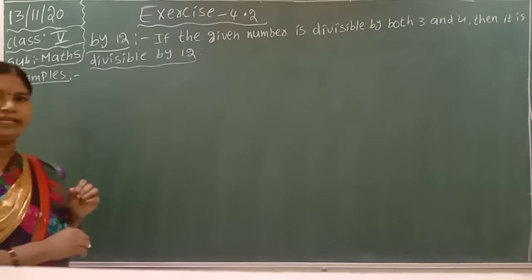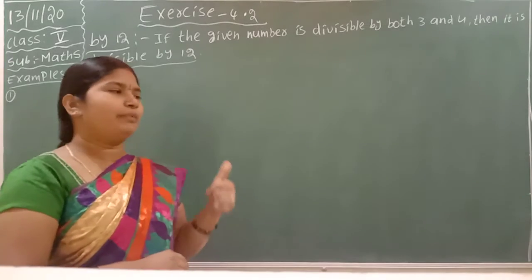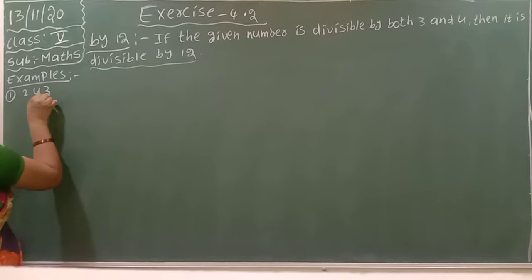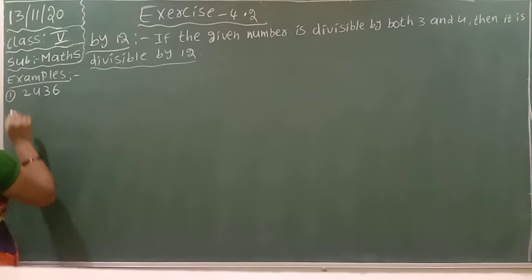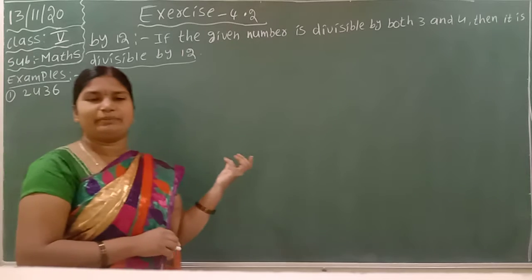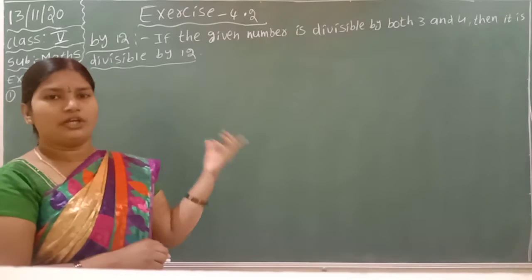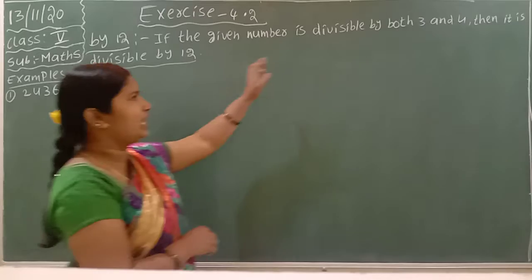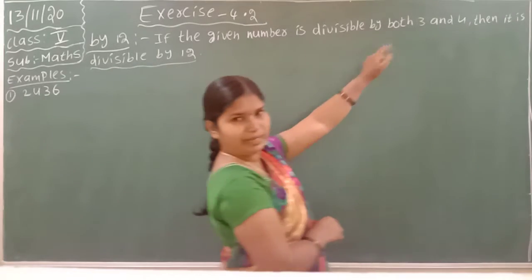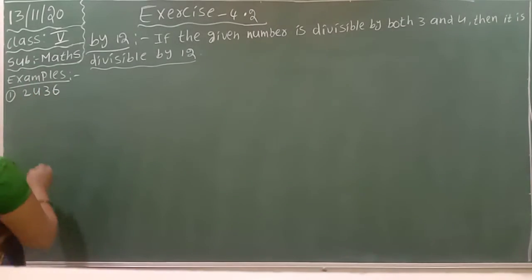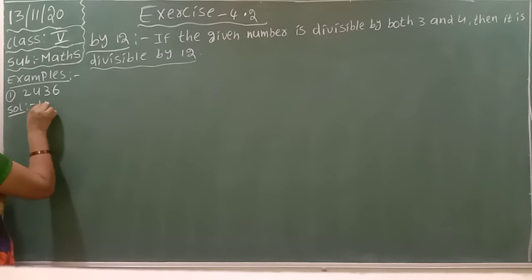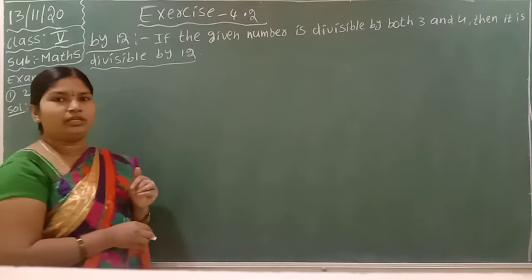First I am taking as a first example, that is 2436. They are asking is it divisible by 12 or not. What we have to do? First we have to check the by 3 rule and by 4 rule in the solution. First write down the by 3 rule. What is the by 3 rule?